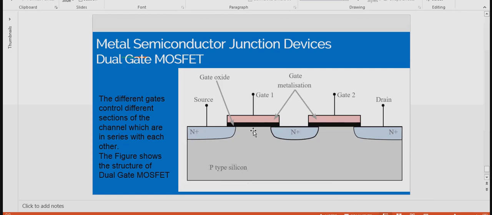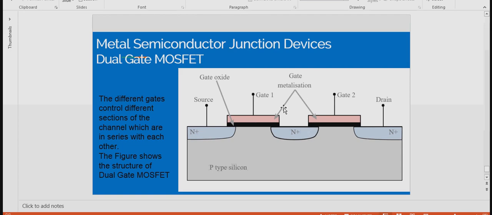How the structure of dual gate MOSFET looks like this. From this N substrate, a source terminal is taken. From this N substrate, a drain terminal is taken, and a gate terminal, the first gate terminal, is sandwiched between this N type and this N type, and this one is gate 1. Another gate terminal is taken between the drain and this N type substrate.